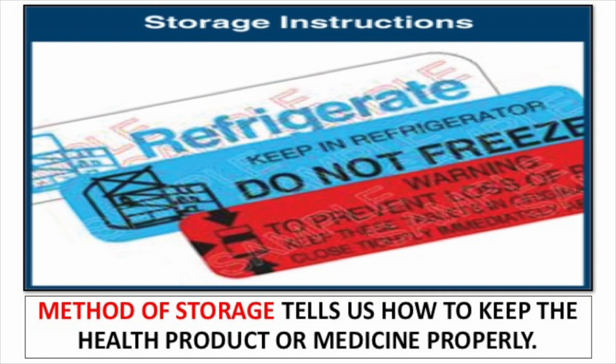Like you see this package, do not freeze. So we can't put it in the freezer, but it says keep in refrigerator. So this medicine has to go in the fridge to keep cool, but it can't go in the freezer because it will freeze. So it's very important to read about where to put it.